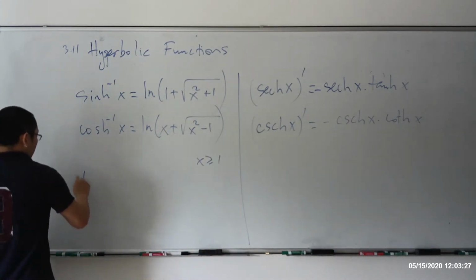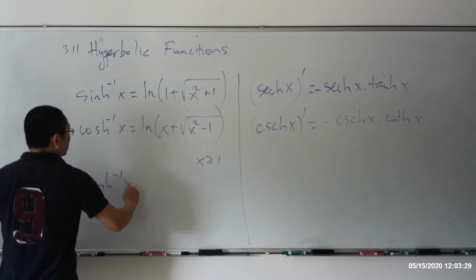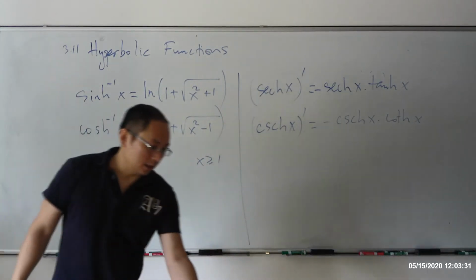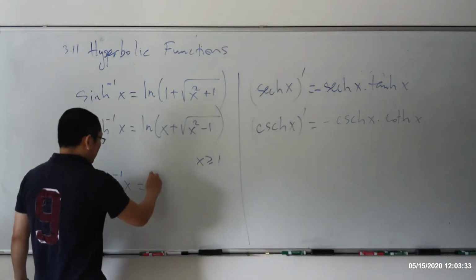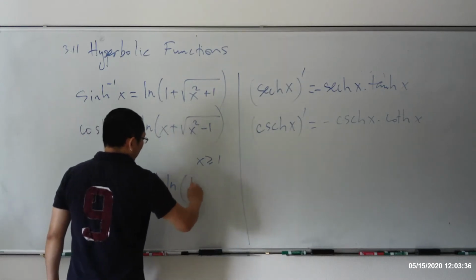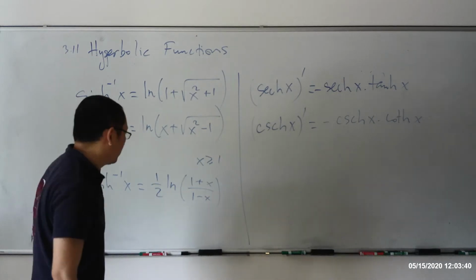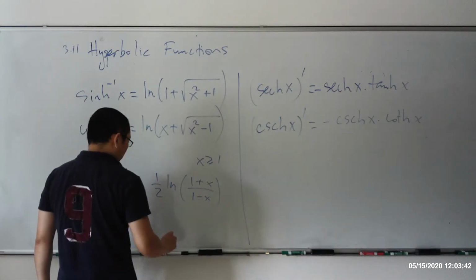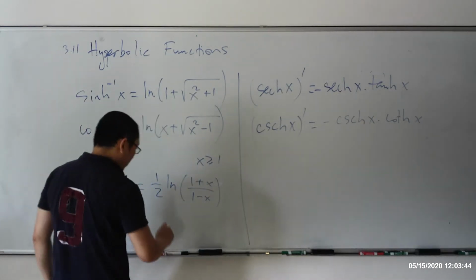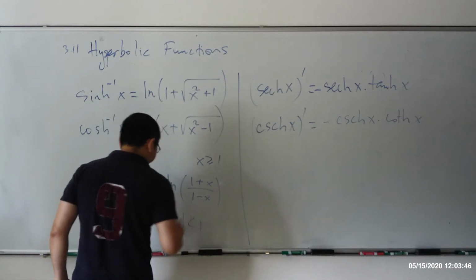And hyperbolic tangent inverse of x is going to be 1/2 ln of (1 plus x) over (1 minus x). And I think the condition is x between -1 and 1, so the absolute value of x is less than 1.